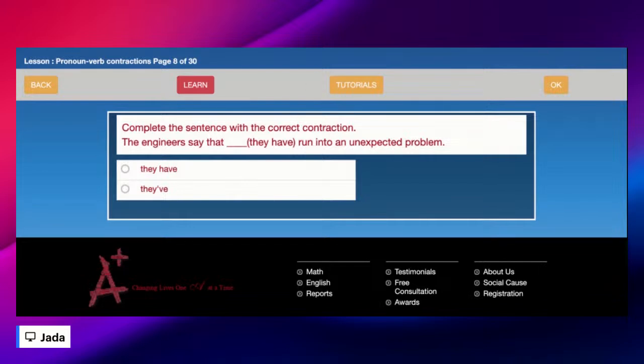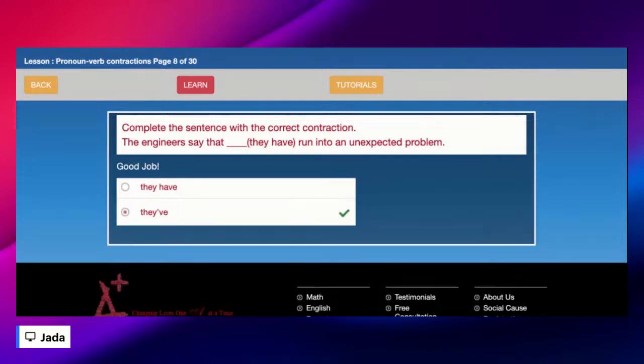So what is the right contraction here? Okay, option 2, they have run into an unexpected problem.